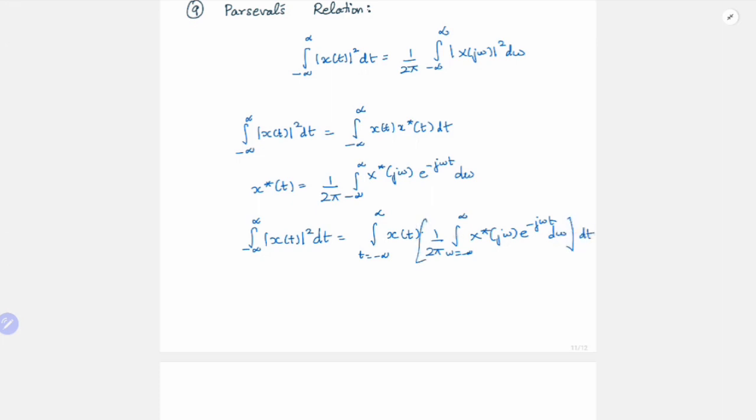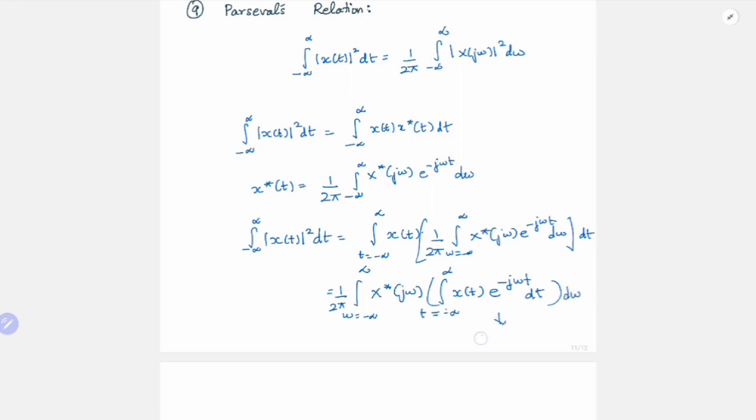So now what I will do, I will first integrate with respect to t and then integrate with respect to omega. So then what I have, omega equal to minus infinity to infinity, 1 over 2 pi, I can take it common out, X star of j omega, because it is only dependent on omega, I am taking it outside. And t equal to minus infinity to infinity x of t e power minus j omega t dt into d omega.